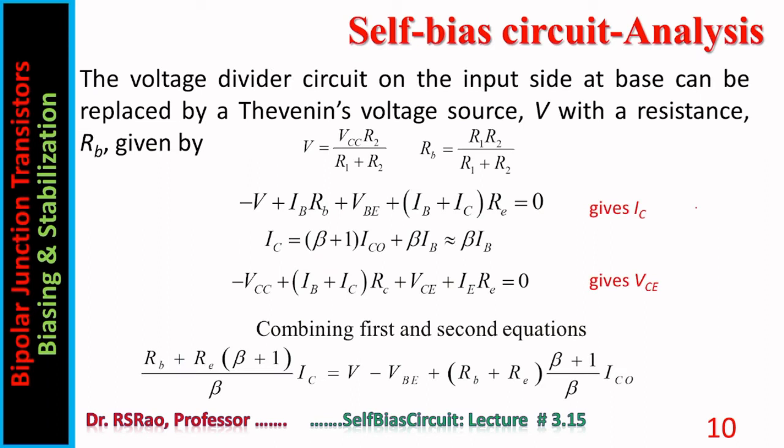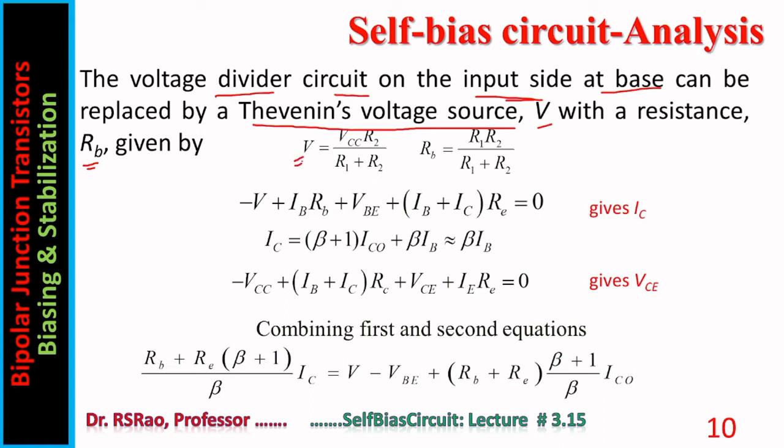Now it is about the analysis of the self-bias circuit. The voltage divider circuit on the input side at the base can be replaced by a Thevenin voltage source with a resistance. The source voltage is V, resistance is RB.